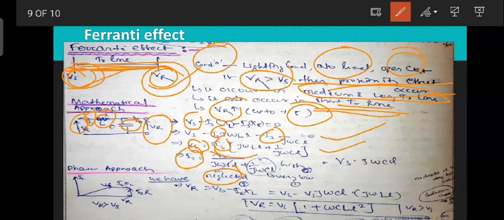And because the j omega CL term is very low, the total formula will be very high, and this is neglected because it is very low. So the only term left is Vs into j omega CL. Okay, so in the phasor approach, this is our VR and this is our Vs, and this is our capacitive current, which is 90 degrees leading from our receiving end voltage because of the capacitive effect.